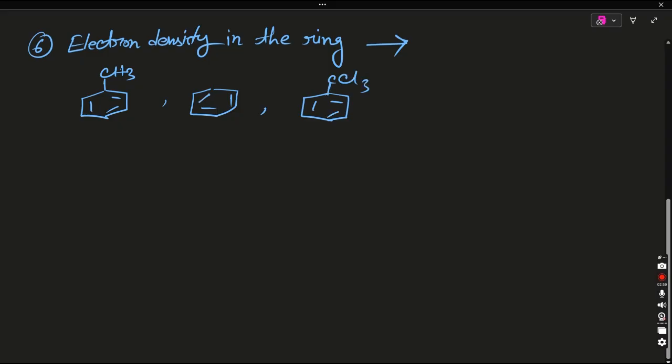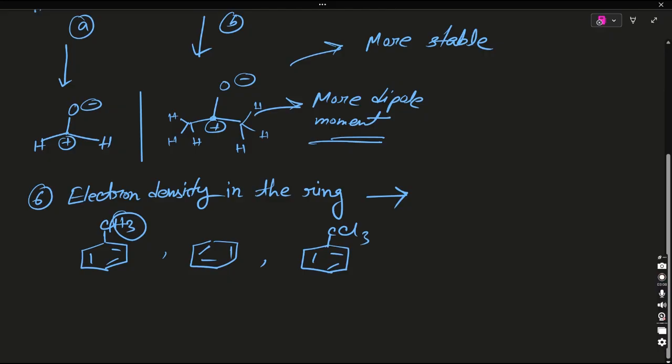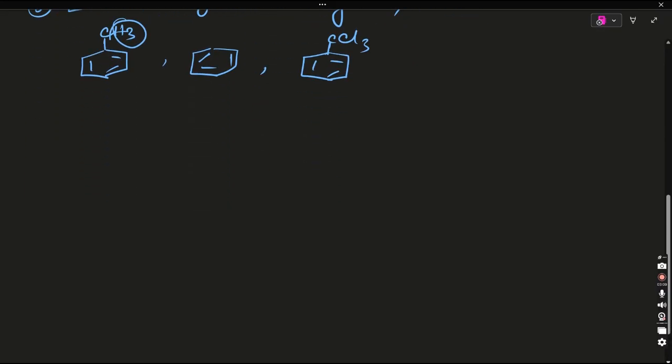So in the first compound, we can see the alpha hydrogens are present. So it will show hyperconjugation, that means plus H, positive hyperconjugation, and increase the electron density of the ring.